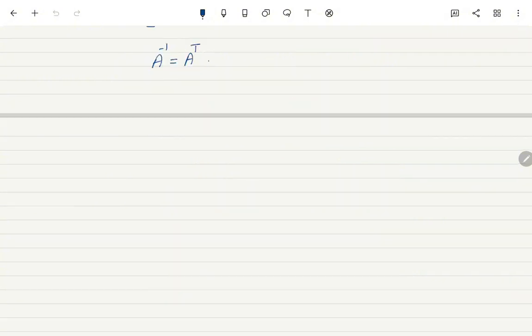In addition, the similarity transformation is defined by this relation here, A prime equal to T A T inverse, and if a unitary matrix is used in a similarity transformation, then it's called unitary transformation, and it takes the form A prime equal to U A U inverse or U A U dagger.